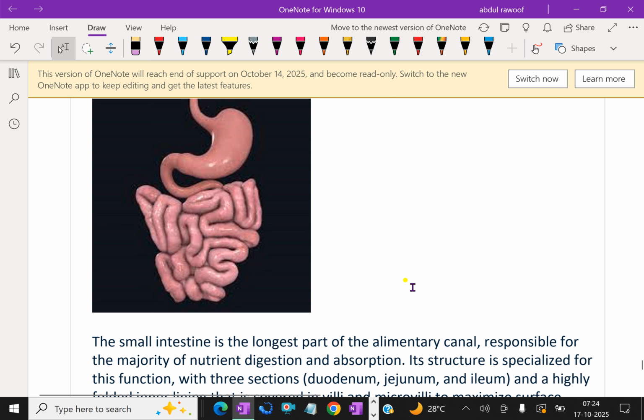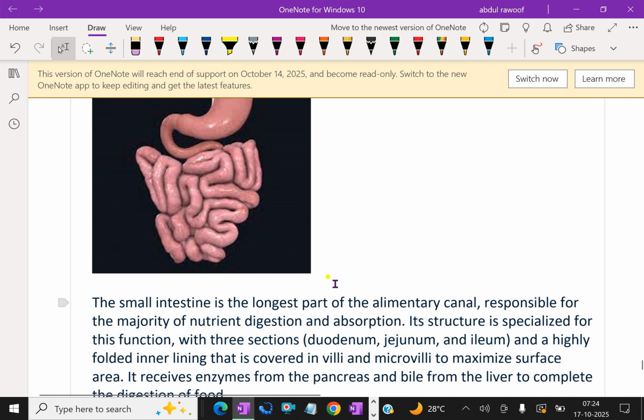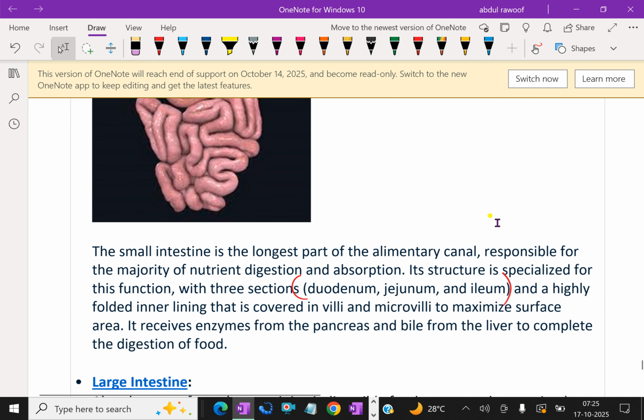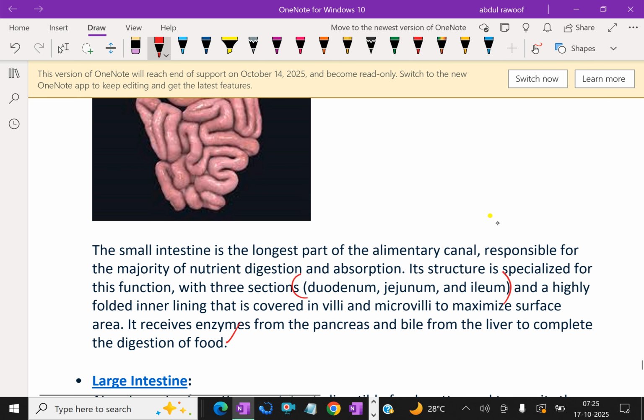Its structure is specialized for this function with three sections: duodenum, jejunum, and ileum, and a highly folded inner lining that is covered in villi and microvilli to maximize surface area. It receives enzymes from the pancreas and bile from the liver to complete the digestion of the food.